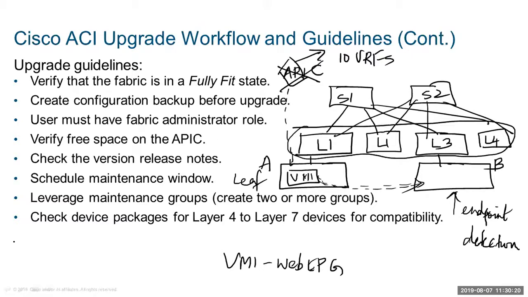In other words, things get instantiated on the leaf switch based on endpoints detected. Policies are pushed based on endpoints detected.